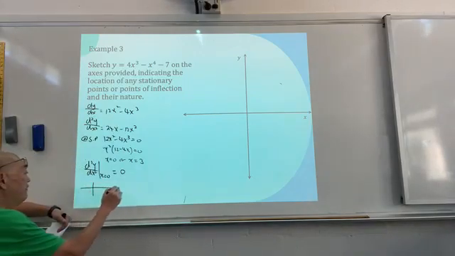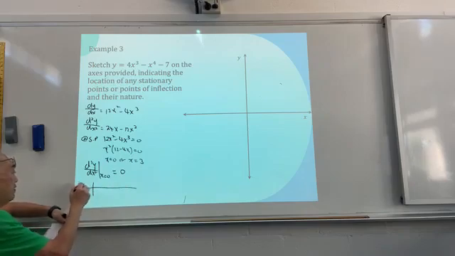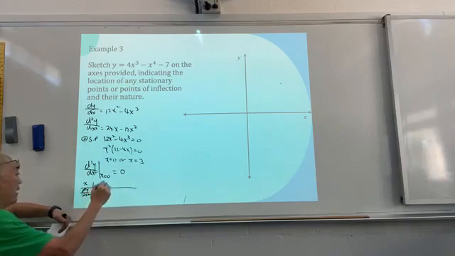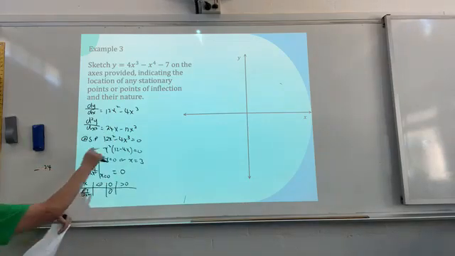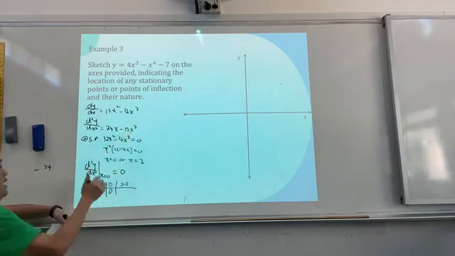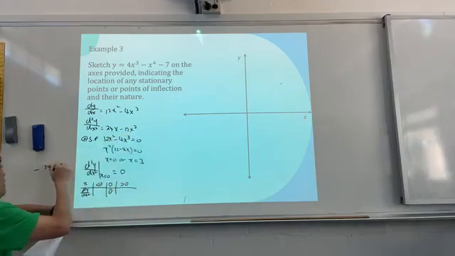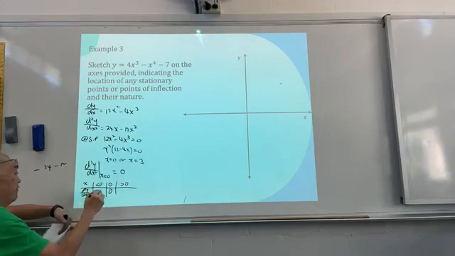If you use your concavity test, you know at x equals 0, d2y/dx squared is 0. Less than 0, greater than 0. If it is less than 0, let's say I use minus 1: minus 24, minus 12 times 1, that's minus 36, negative.